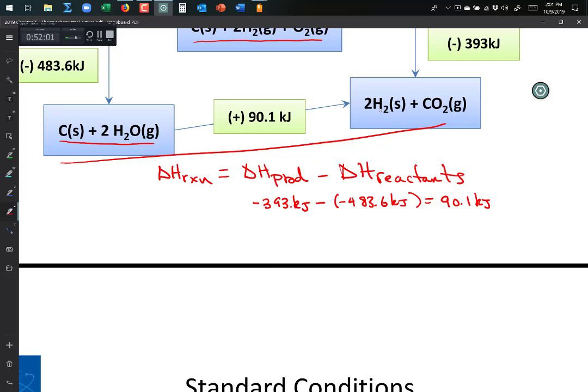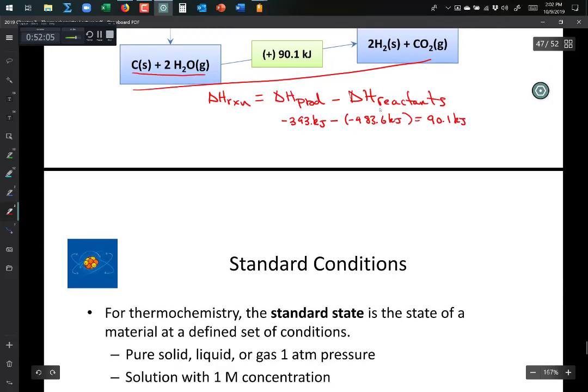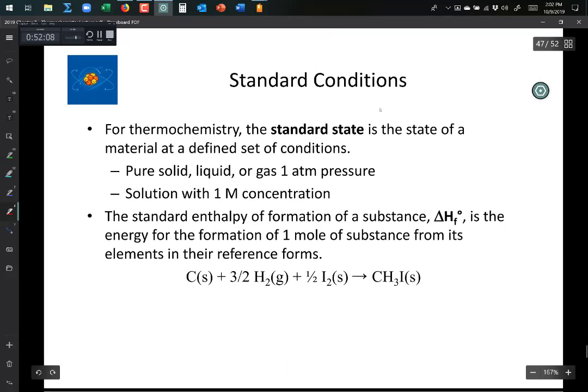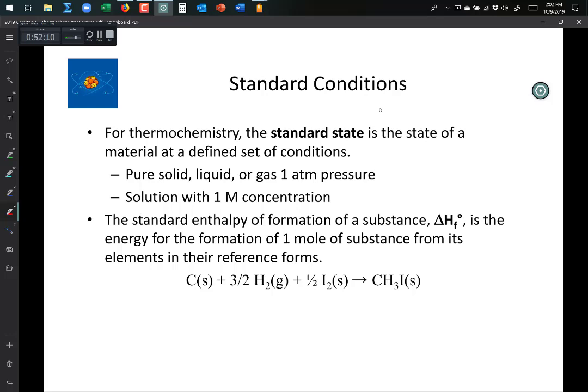So let's do an example problem. Oh, let me talk about standard conditions. What standard conditions mean is pure solid, pure liquid, or gases at 1 atmosphere pressure. And for solution, it means 1 molar. So this is what we mean by standard state.